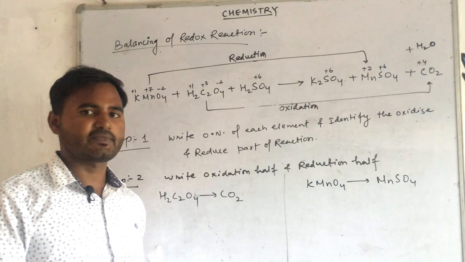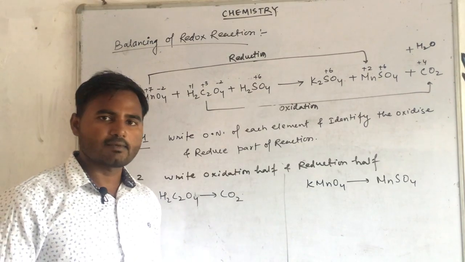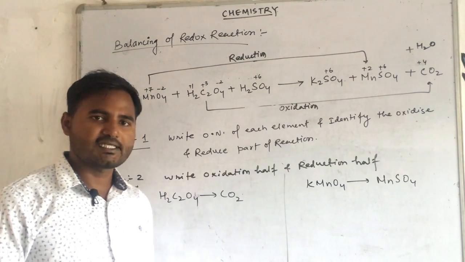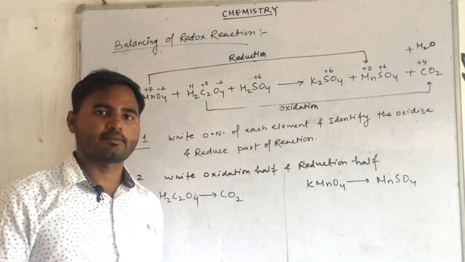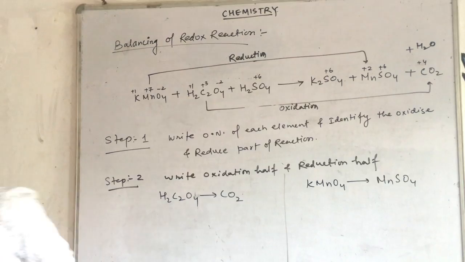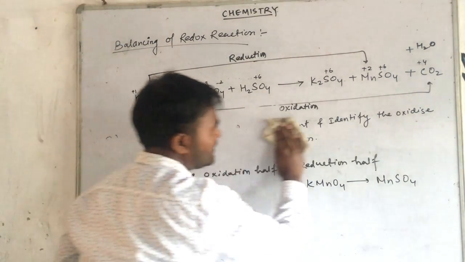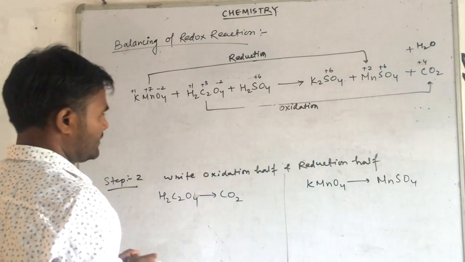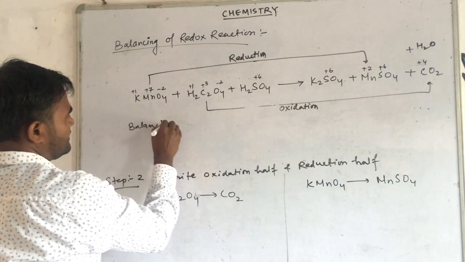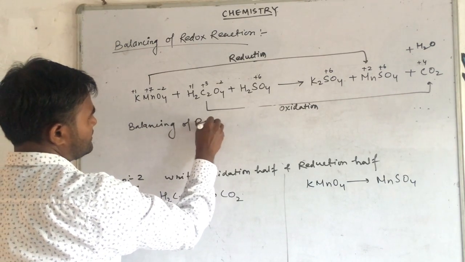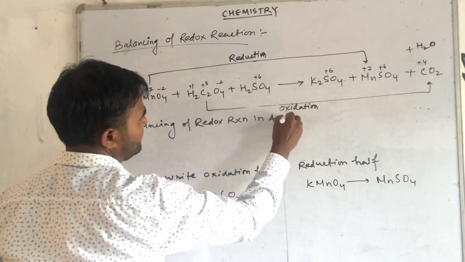We will see both of them, but first we are going to discuss balancing of redox reactions in acidic medium. Now the rules will be for acidic medium, balancing of redox reactions in acidic medium.